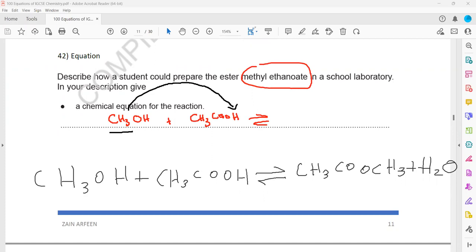So the product will be CH3COOCH3 plus H2O as the other product. So this is again esterification, the formation of an ester. That's why water is one of the products. So whenever you're forming an ester, the carbon chain of the alcohol takes the position of the hydrogen of the carboxylic acid to form the ester.